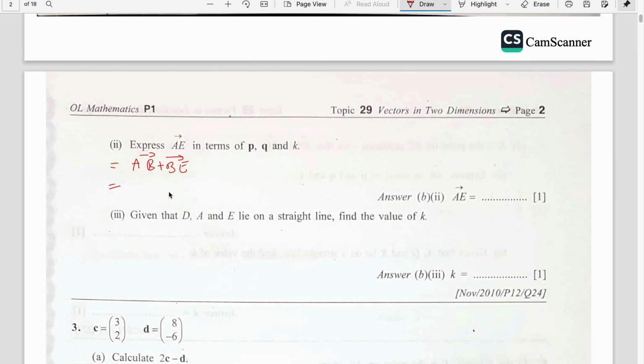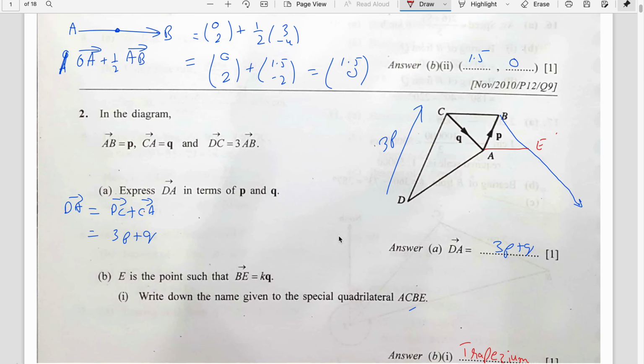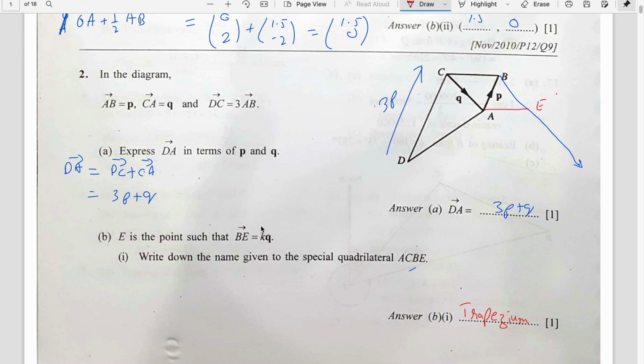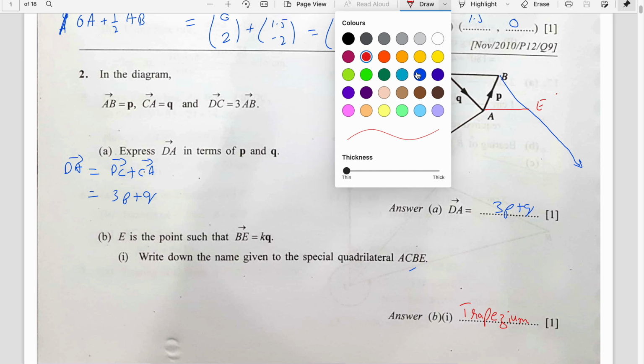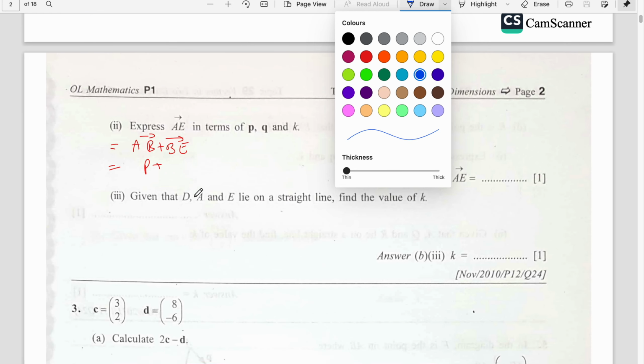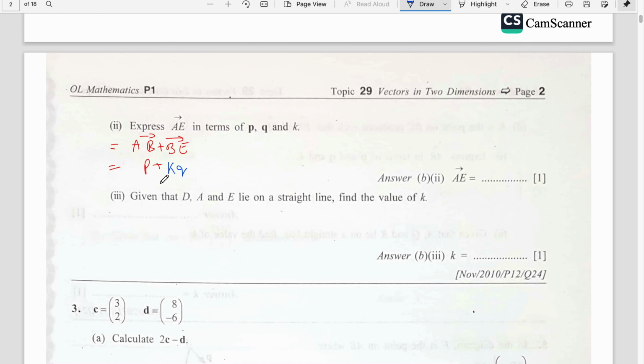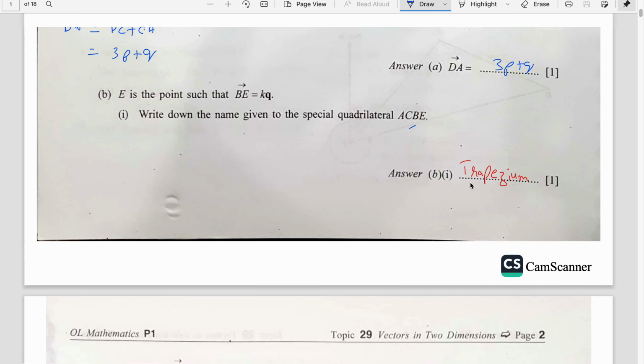AB is P and BE is K times Q. So P plus KQ. Given that D, A and E lie on a straight line, find the value of K.